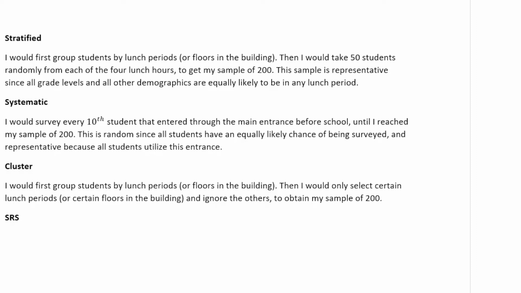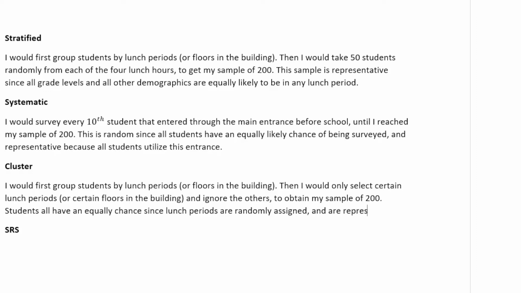Then again here we need to explain why it's random. So, students all have an equally likely chance since lunch periods are randomly assigned, and are representative since, again, they are not organized by grade level, etc. So again, etc. is fine in these because we all know that lunch periods aren't broken up by grade level.